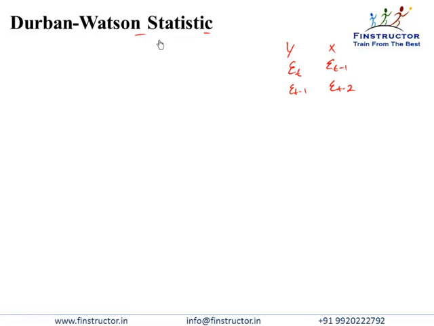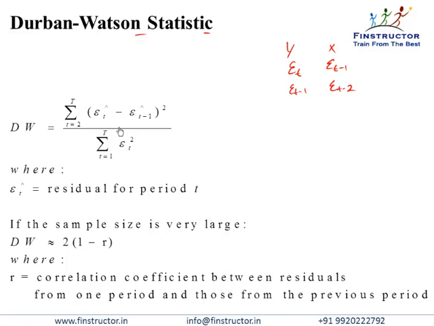So the Durbin-Watson statistic can be calculated as the summation from t equal to 2 to T of the error term of this period minus the error term of the previous period, squared, upon the summation of the error terms for all periods squared. When the sample size is large, this calculation actually simplifies to simply 2 into 1 minus r, where r is the correlation coefficient between these two series.